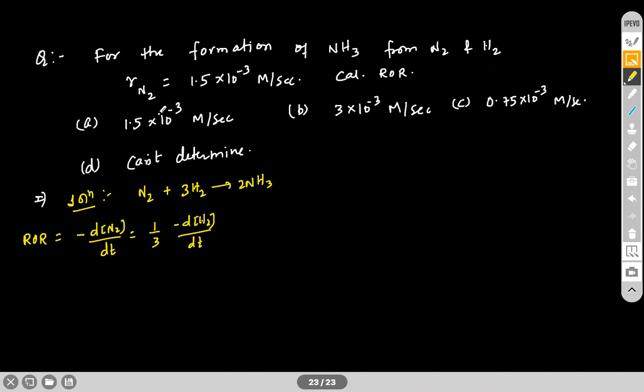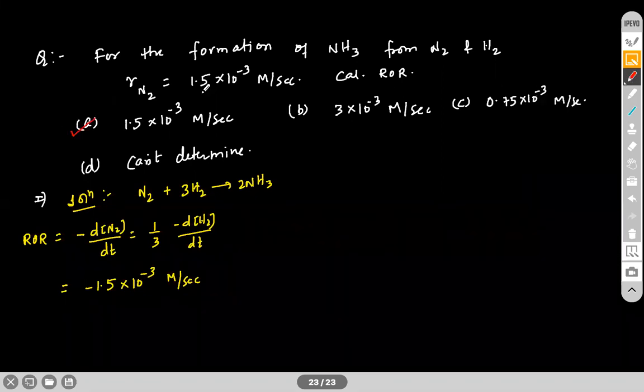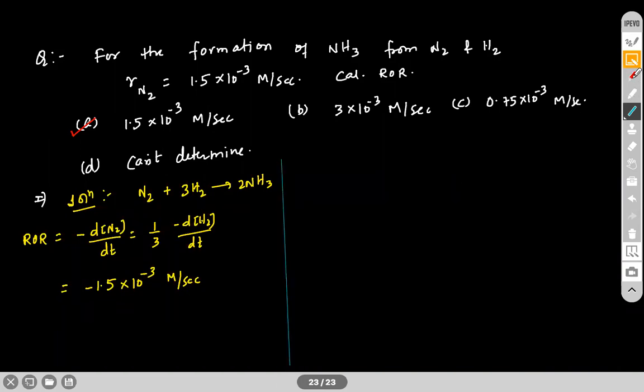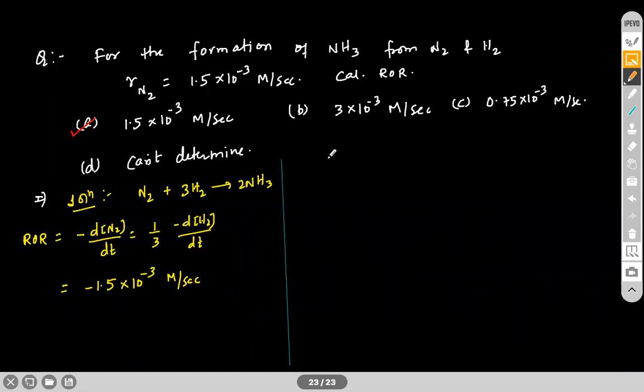So this R of N2 is given. So ROR is what? 1.5 into 10 to the power minus 3 molar per second, and that is what you are getting. Yes, option A. Okay. Now you see one more thing here. Can I write down this reaction?